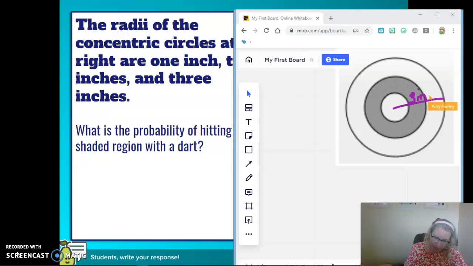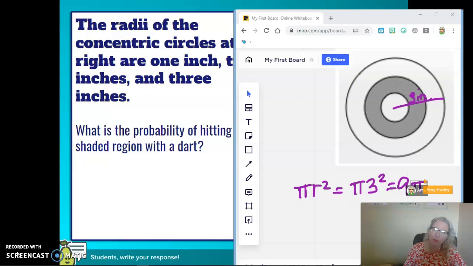And we know how to find the area of a circle, that's pi r squared. So in this case, the area of the entire dartboard is pi times 3 squared, which is 9 pi. Okay. Now let's find the area of this medium circle right here.